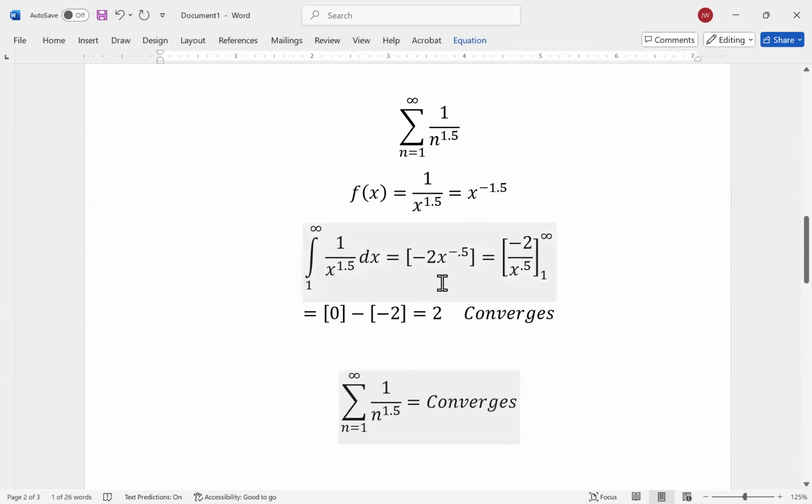On the other one, when I raise the exponent by 1, taking negative 1.5 raised by 1, I got a negative 0.5 as my exponent. So in other words, I got a negative exponent. And in that case, when you take the limit as x goes to infinity, something over infinity to a power has limit of 0.